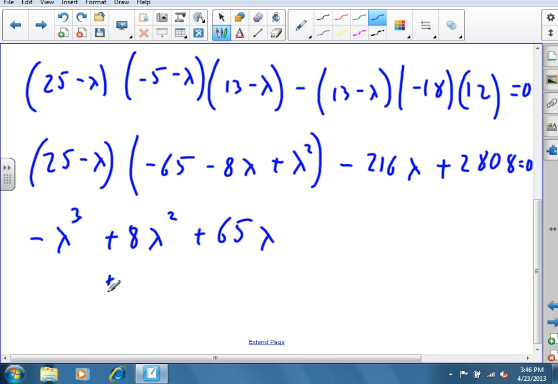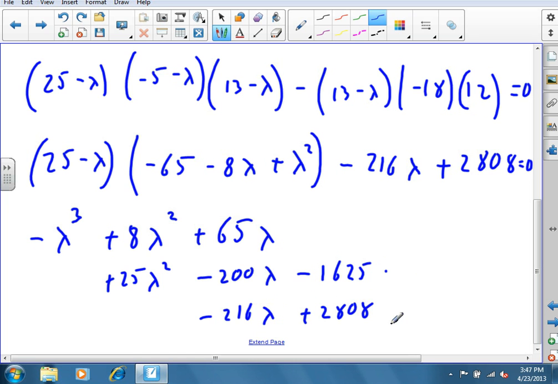Then I've got plus 25 lambda squared minus 200 lambda minus, anybody know what 65 times 25 is off the top of their head? 1625, minus another 216 lambda plus 2808.